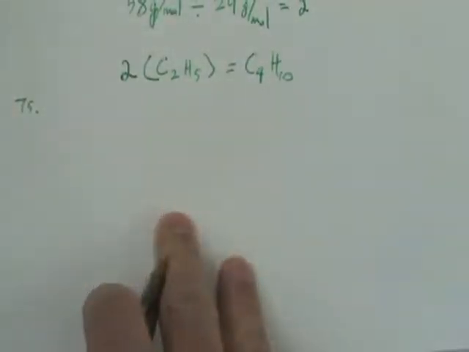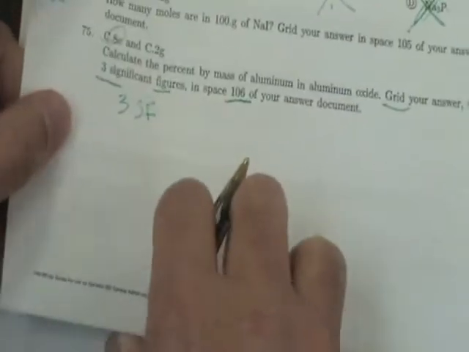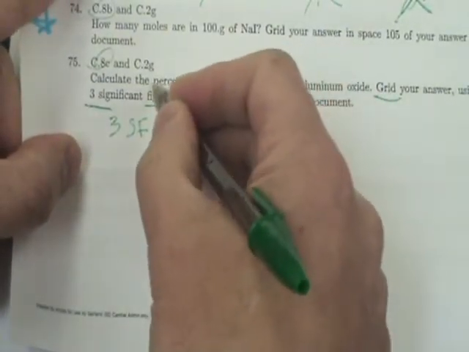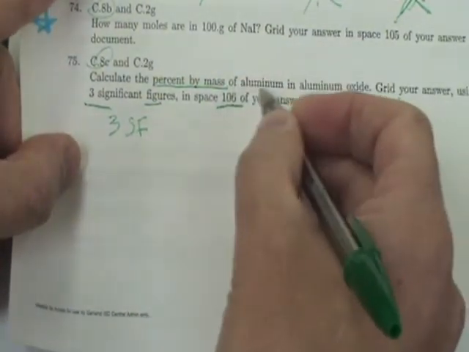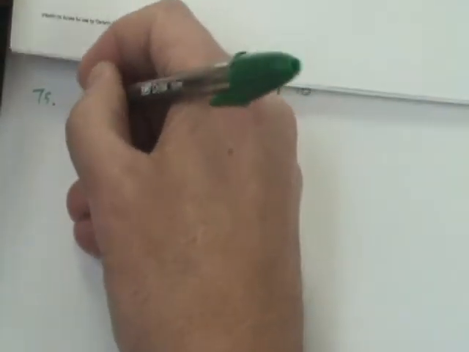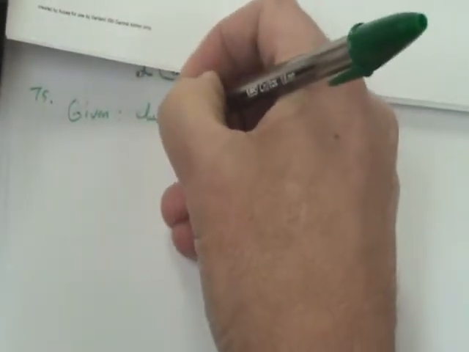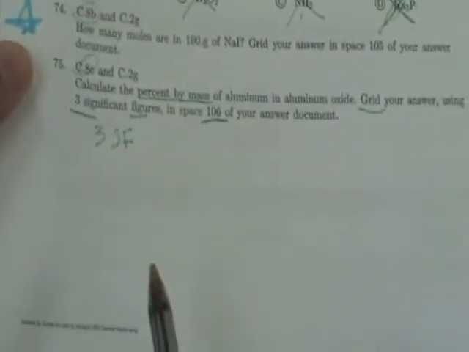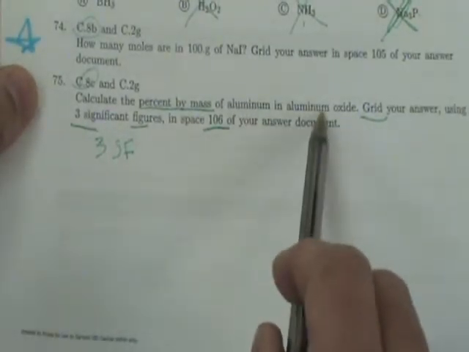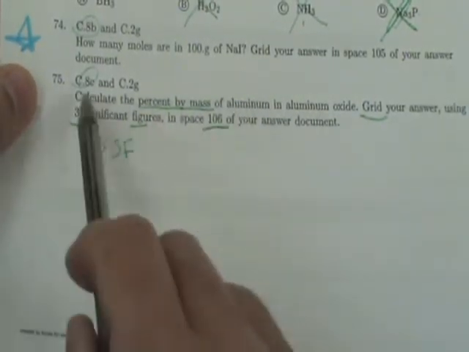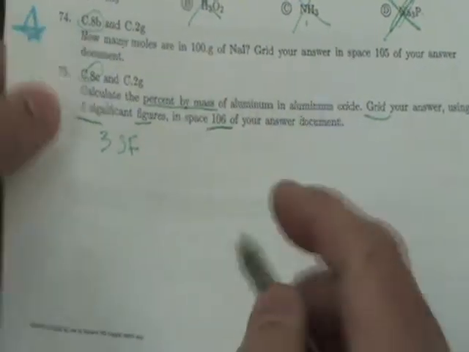So number 75, let me write it down here. Now it says calculate the percent by mass of aluminum in aluminum oxide. So we're given aluminum oxide, and it says calculate percent mass.